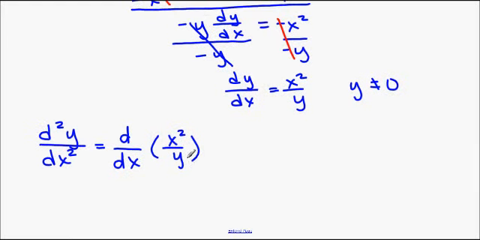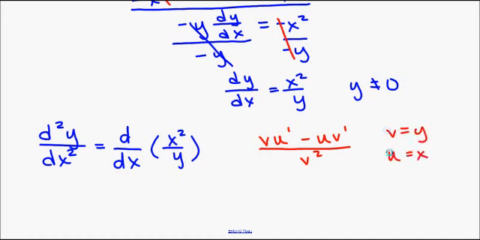What do you use when you have division? You use the quotient rule. So you know that that would be, low d high minus high d low over low squared. So low d high minus high d low over low squared. But in this case, low is y and high is x squared.